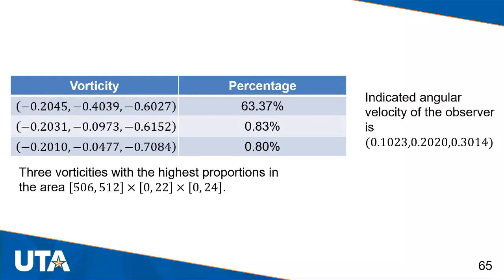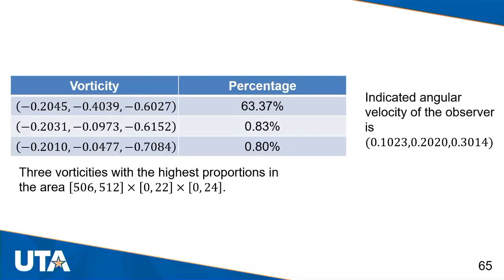We also tested this method in another small subsection. We can also find a dominant vorticity vector, which accounts for more than 60%, and the second largest is only 0.83%. So there is an obvious leading one. This is the vorticity we need, and we multiply by -1/2.